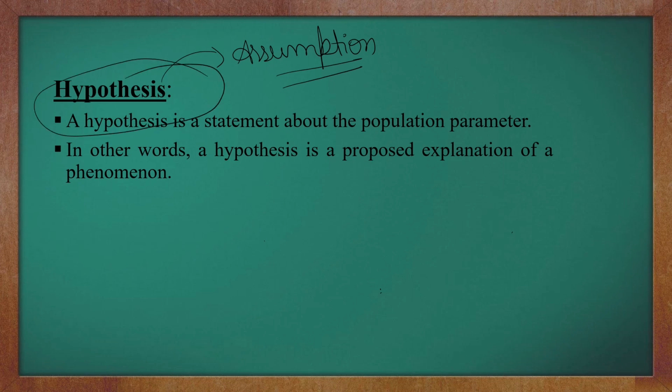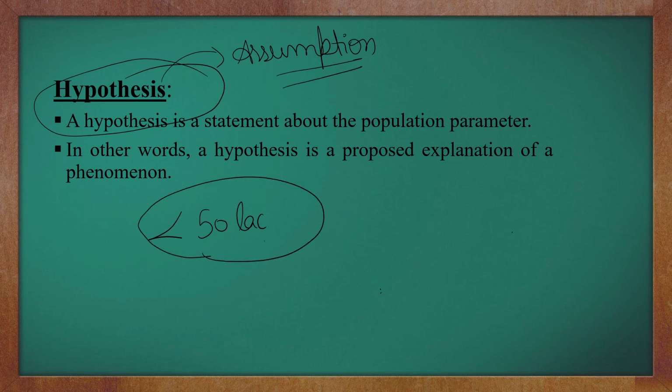For example, suppose you are working as a marketing head in a company, and you are saying that this year our sales will definitely be more than 50 lakh. Now you're just giving a statement. You don't know whether this statement is true or false, that is a different thing, but right now you're just randomly giving a statement.